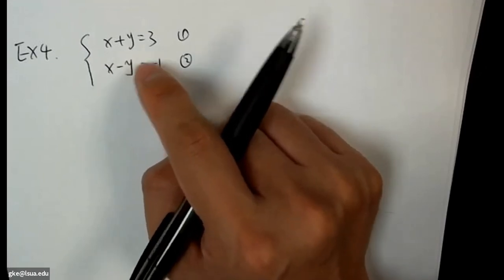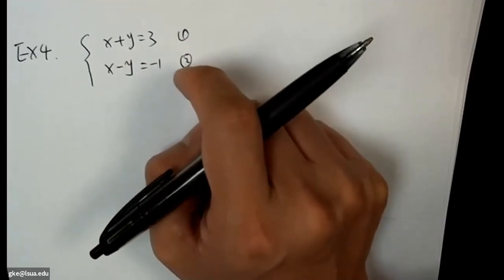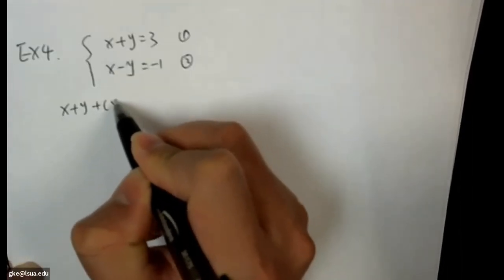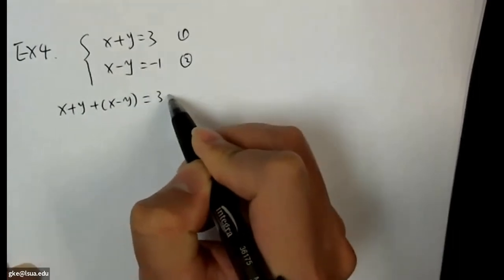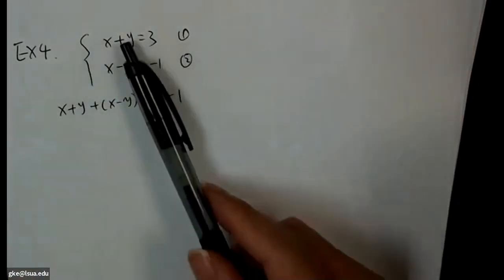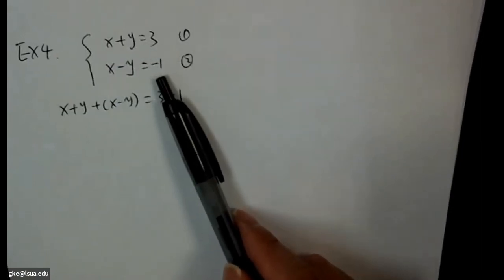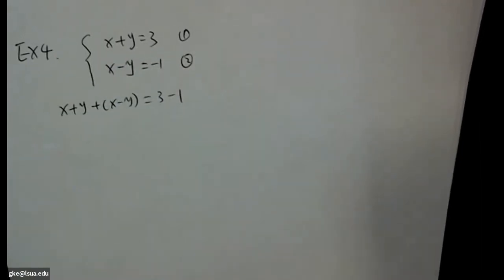So what are we going to do? We do the addition. So x plus y plus x minus y, and 3 plus -1 is going to be 3 minus 1, right?